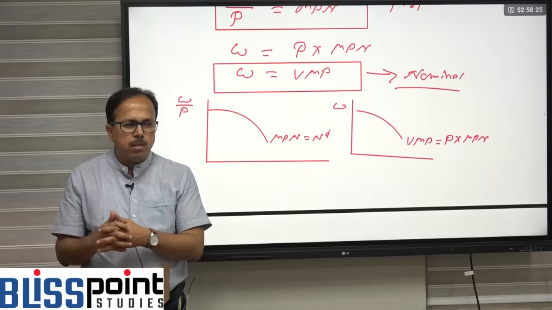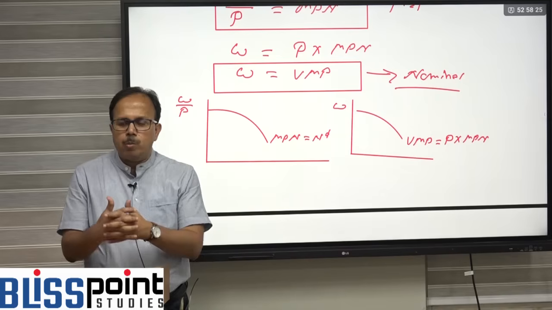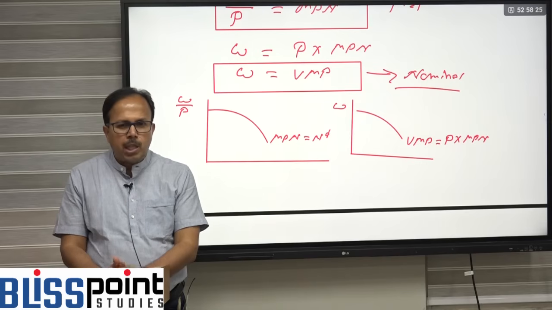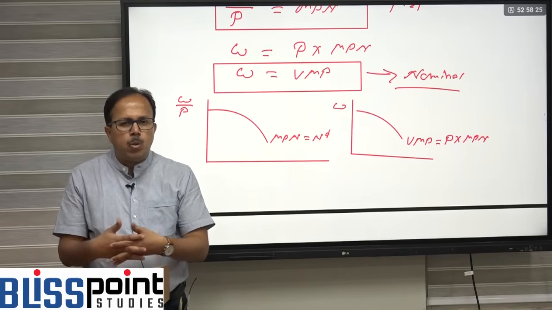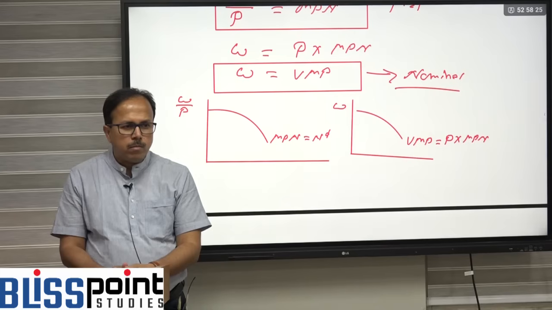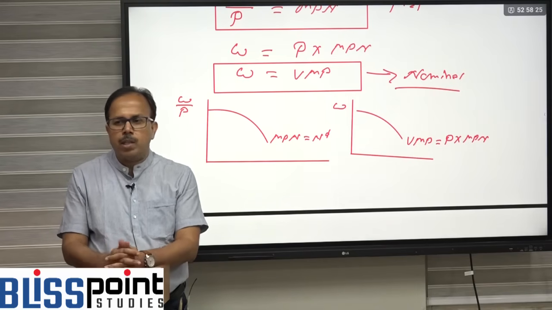Their objective is, जैसे firm का objective है profit maximize करना, वैसे worker का objective क्या है? Objective of worker is to maximize their own utility, and they get utility from income as well as not working, leisure.